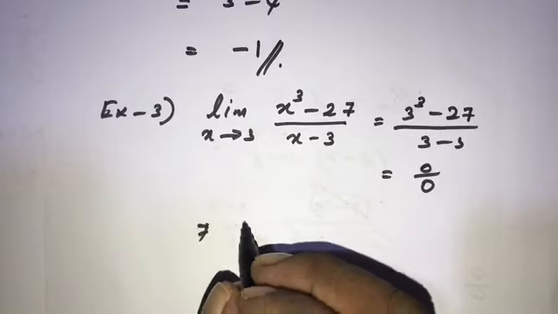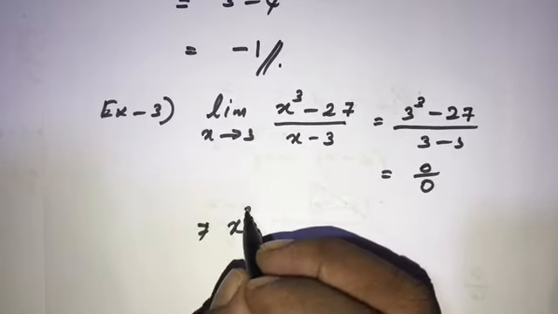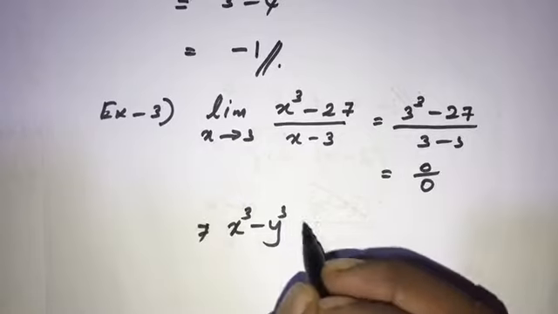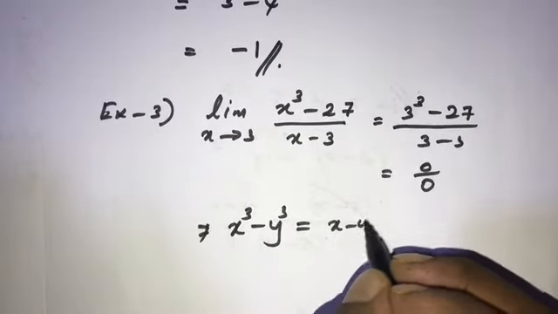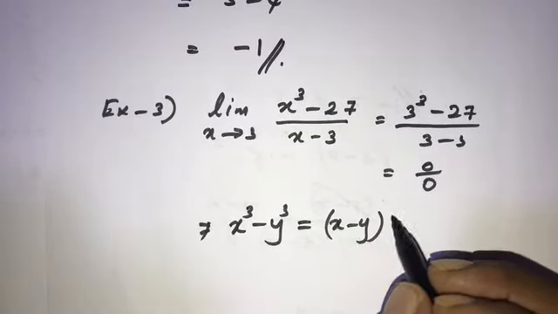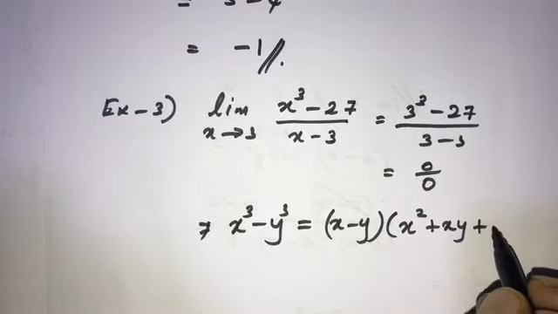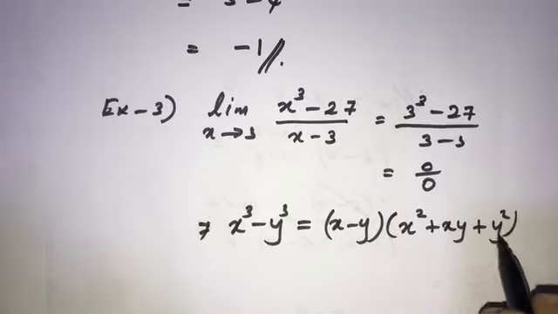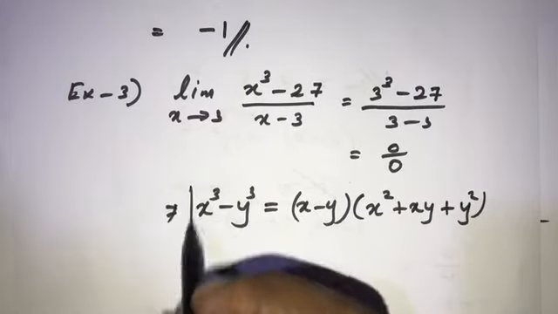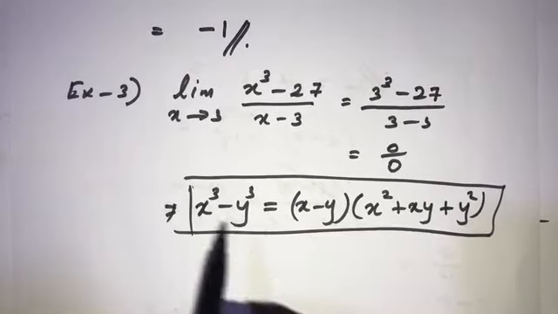This is the formula for the difference of two cubes: x cubed minus y cubed is equal to x minus y times x squared plus xy plus y squared.